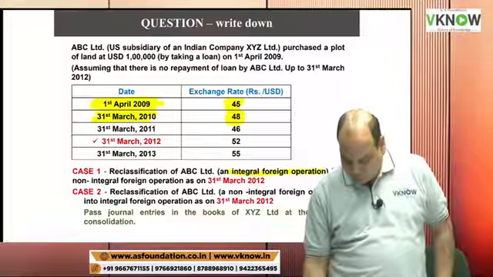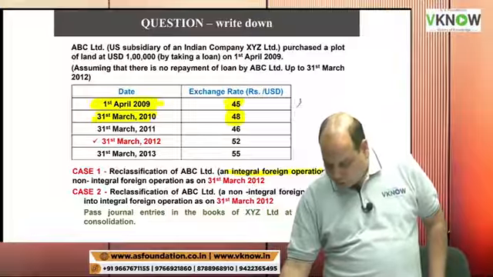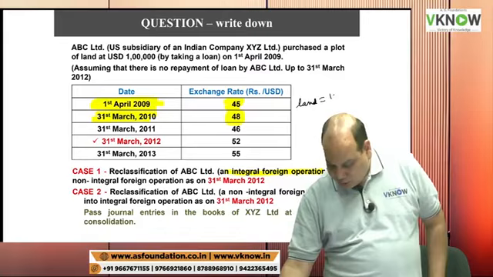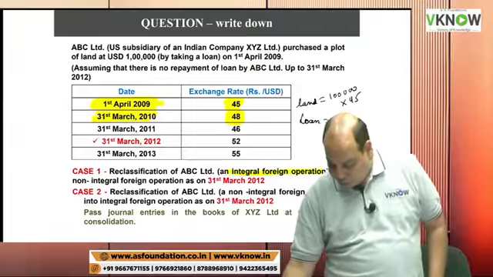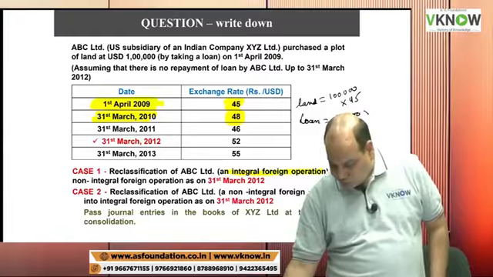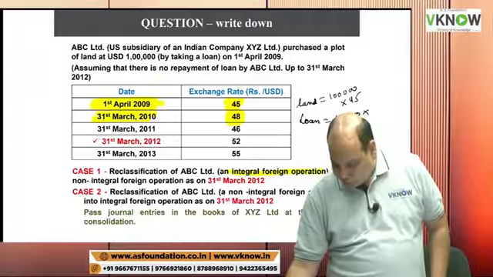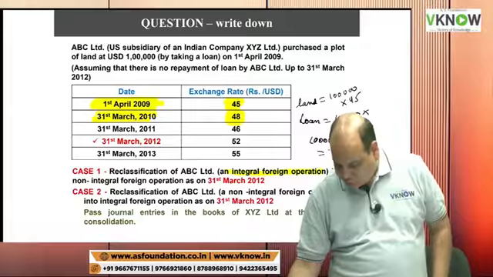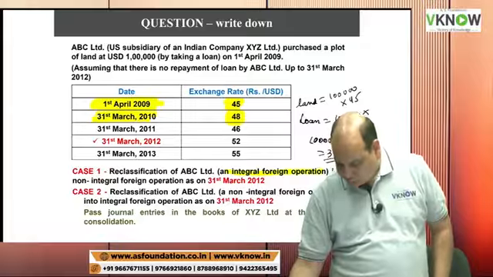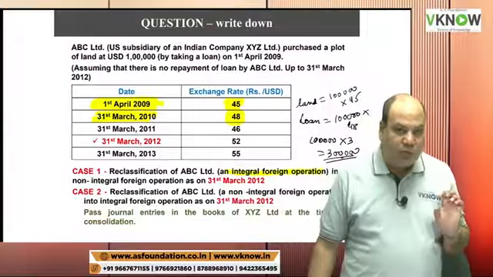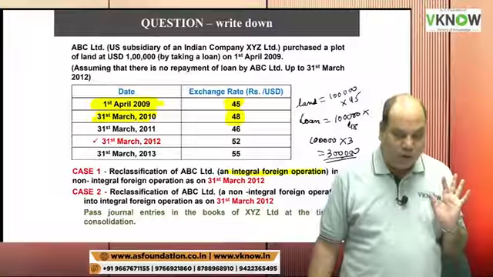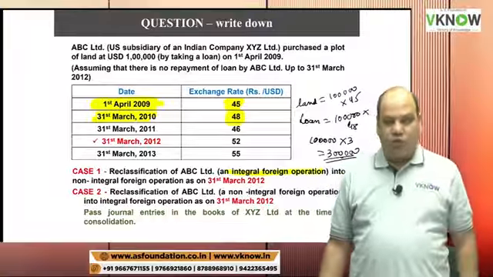So on 31st March, my land will continue to appear at 1 lakh into 45, but my loan will have to be revised at 48, and this will give rise to an exchange difference of 3 lakh rupees, because land I am not going to change. I am following integral operation. Loan I will have to change.